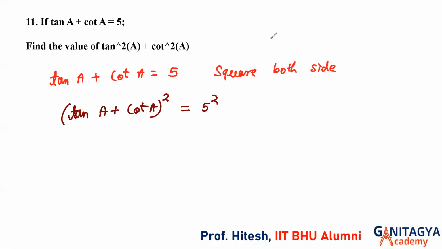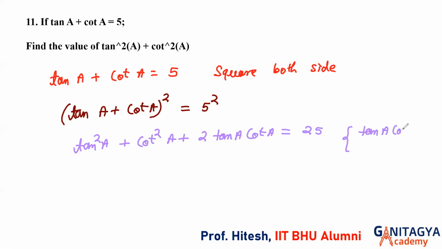Now we apply a square plus b square plus 2ab. So it is tan square a plus cot square a plus 2 into tan a into cot a, equal to 5 square is 25. Now we know tan a into cot a is equal to 1, because tan a is equal to 1 upon cot a. So this will be 2 only, equal to 25.